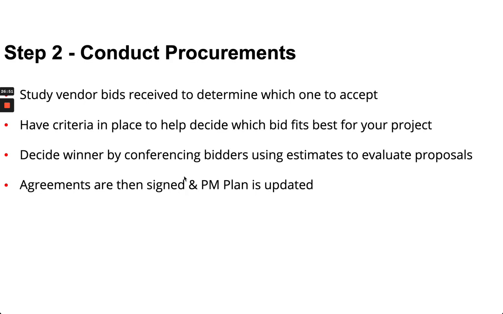You know, if you get 4 or 5 back, you got a high one, you got a low one, a couple in between. Where do you want to position selection? Is it always the lowest bidder? Depends. But when you find and select one, you then sign. You want to make sure the project management plan is updated accordingly, things like that.